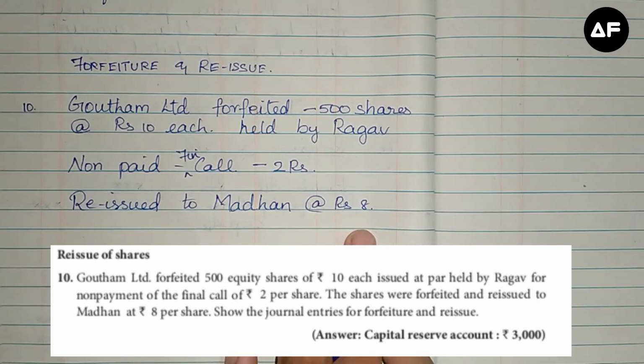The journal entry for forfeiture of shares is Share Capital Account debit to Share Final Call Account, because only the final call is not paid, and to Shares Forfeited.